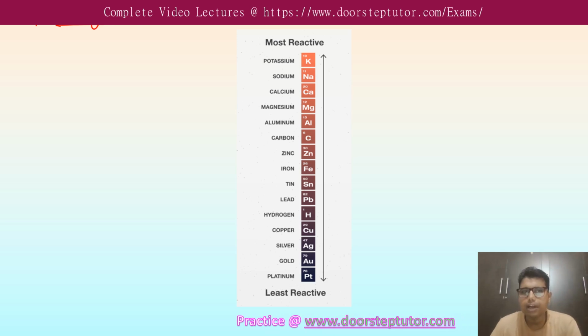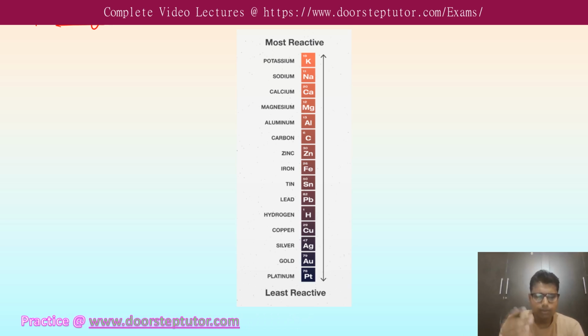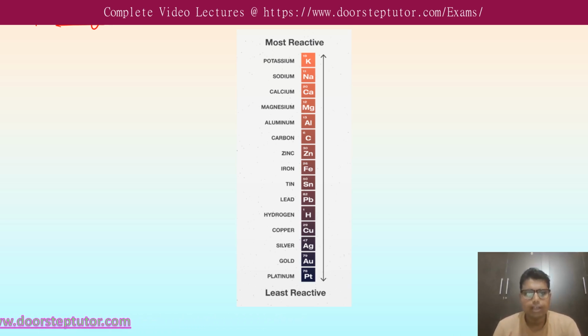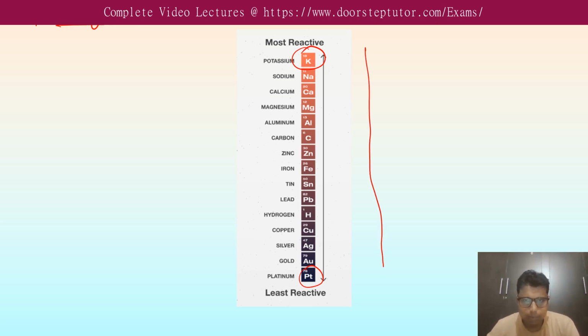So what does the reactivity series tell us? It is a series in which the elements are arranged in decreasing or increasing order of their reactivity.